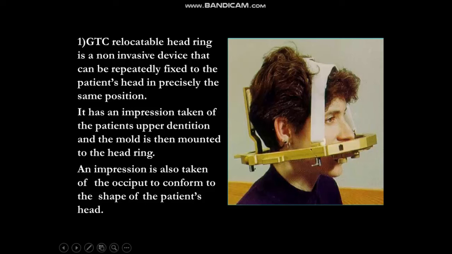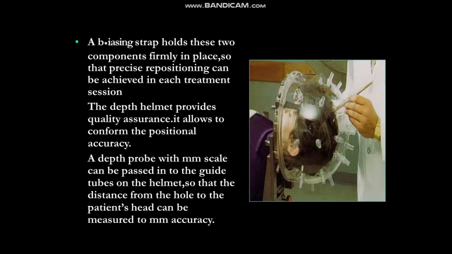As you can see here, an impression is taken of the patient's upper dentition, and the mold is then mounted to the head ring. An impression is also taken of the back of the head to conform to the shape of the patient's head. A bracing strap holds these two components firmly in place so that precise repositioning can be achieved in each treatment session.